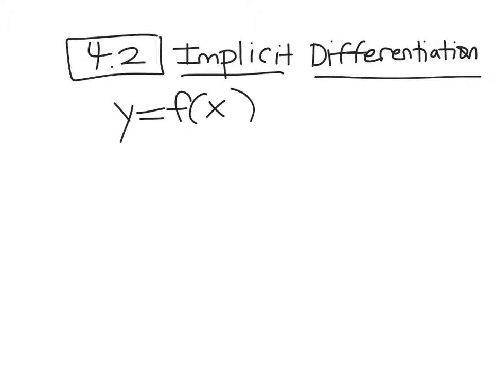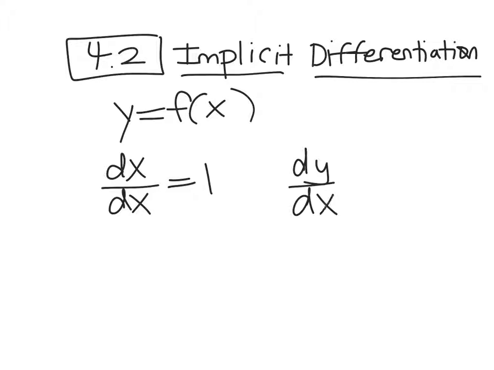Now, to do implicit differentiation, you have to take the derivative of both sides with respect to x. When you take the derivative of x with respect to x, you get 1. But the derivative of y is dy/dx, or we call it y prime.